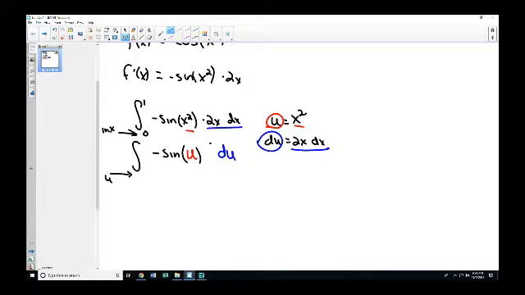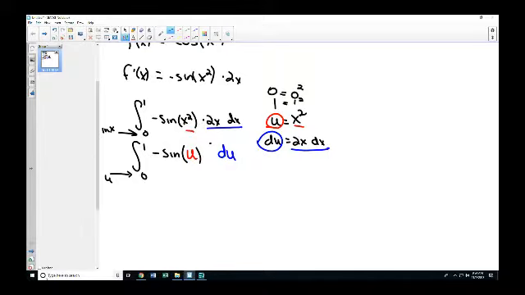So if x is 0, u is 0. And if x is 1, u is 1. So they don't change. If it was originally 0 to 2, the u-sub would be 0 to 4.